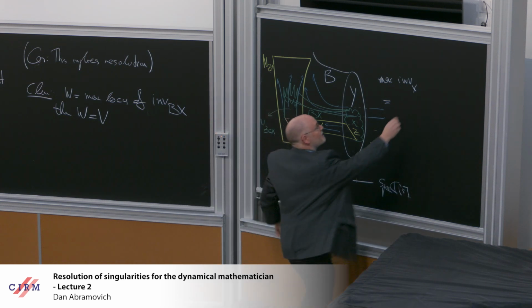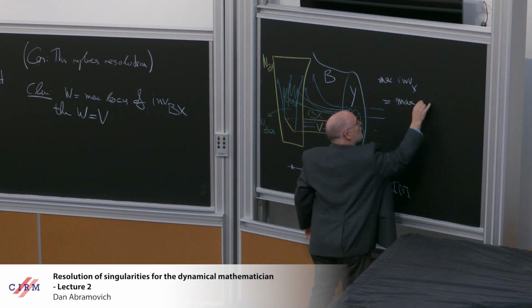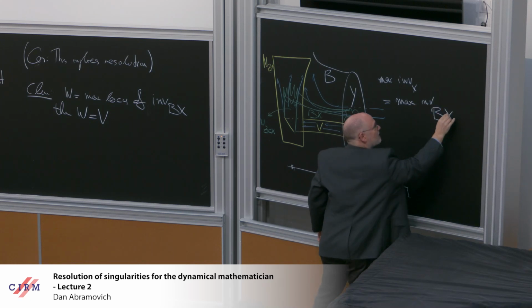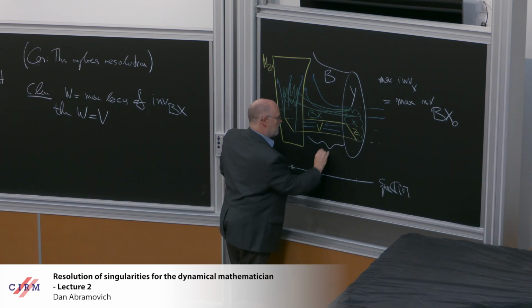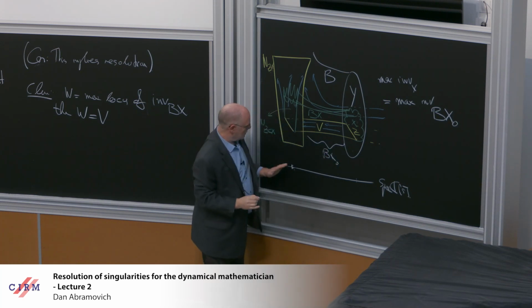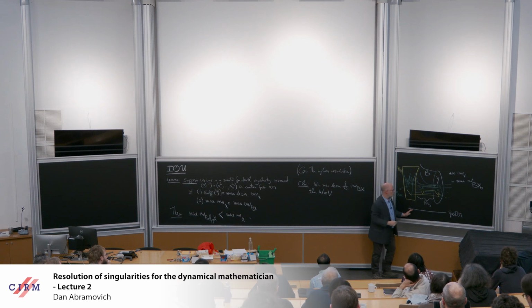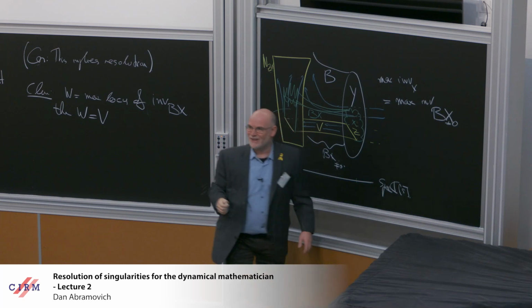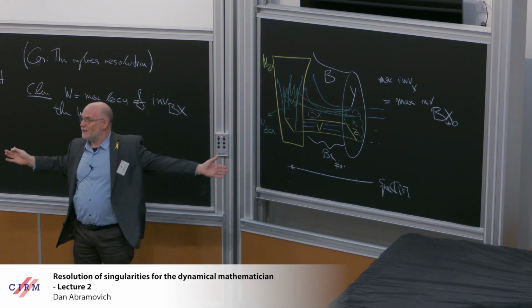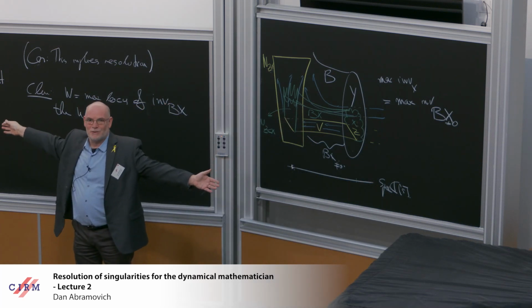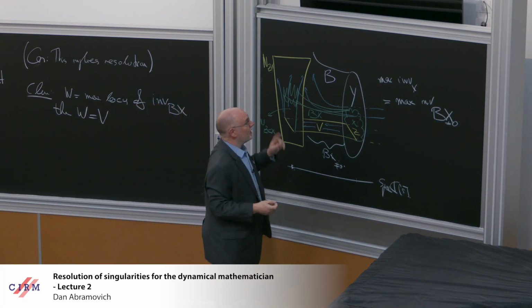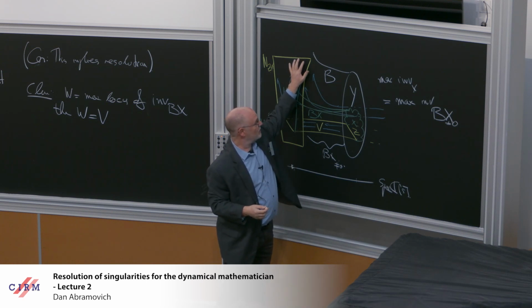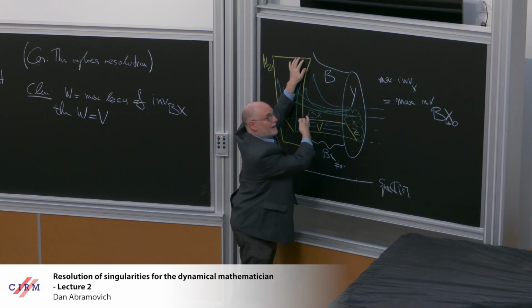So this means that this is equal to the maximum locus of Bx, the part that does not include s equals 0. Maybe I should call it Bx with s not equal to 0. Because I just take a product with C star, and I assume that my invariant is compatible with any smooth map, in particular product with C star. So in this locus, this is the maximum locus of the invariant.